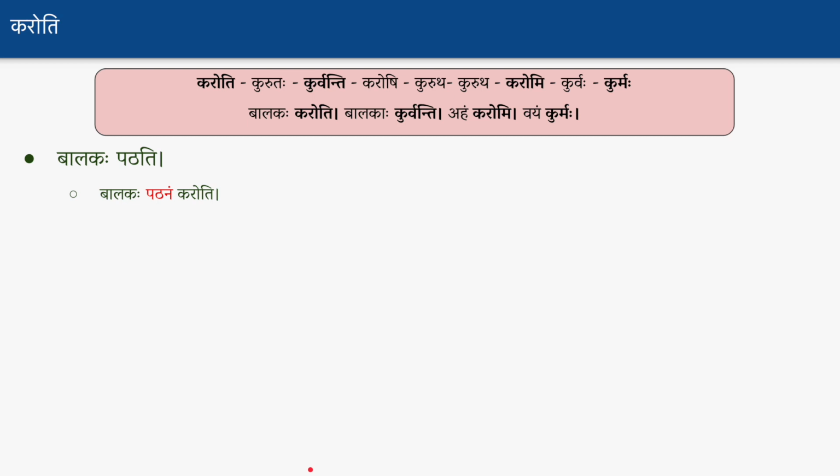Actually, we split patati into patanam karoti. Now we can use it in the dvivachanam as well, like balakaha patanam karoti in ekavachanam, balakau patanam kurutaha, balakaha patanam kurvanti. So they are the same as balakaha patati, balakau patataha, balakaha patanti.